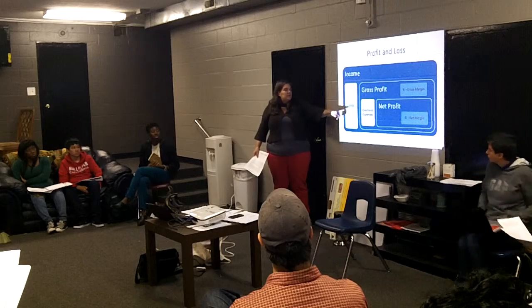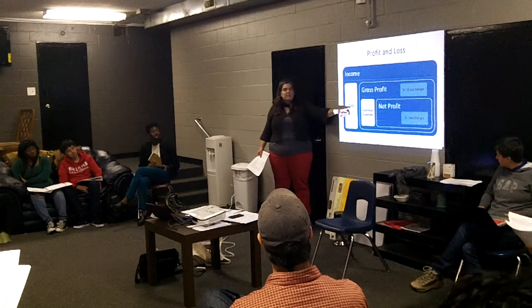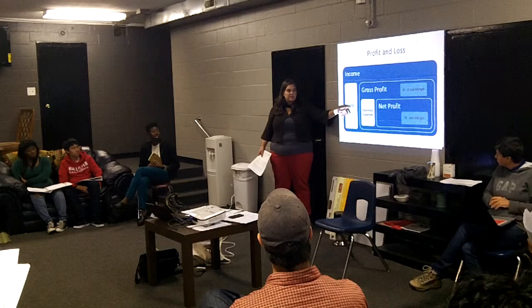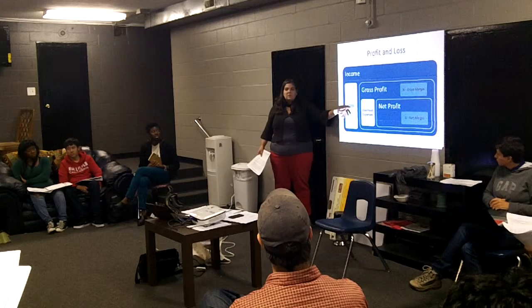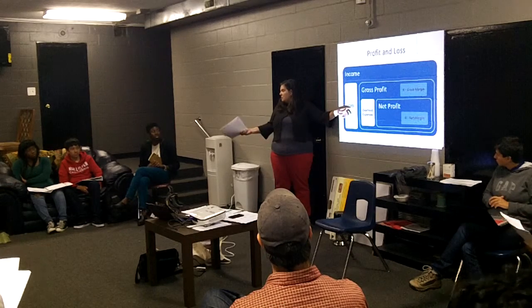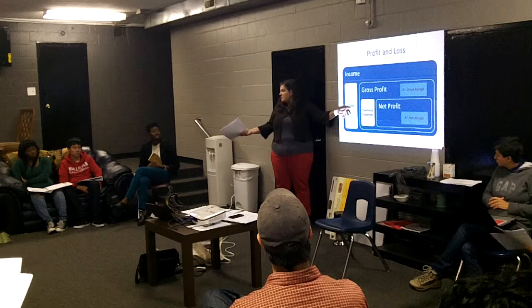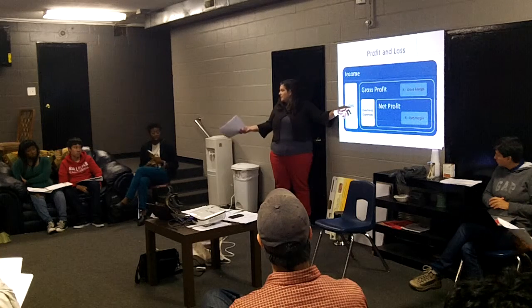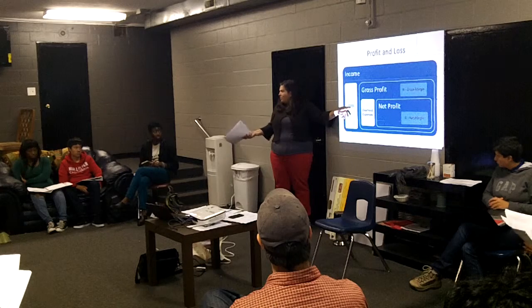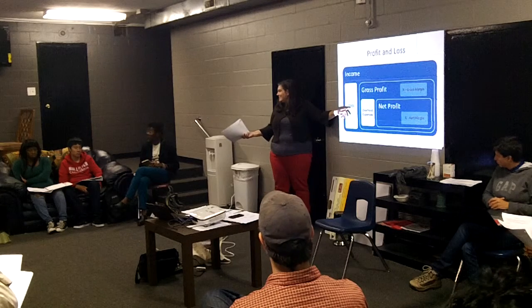Out of that money, we had to pay for certain things that were direct costs to the thing that we produced. So the direct costs for the hot sauce are peppers, ingredients, oil, or, I don't know, what goes in the hot sauce?